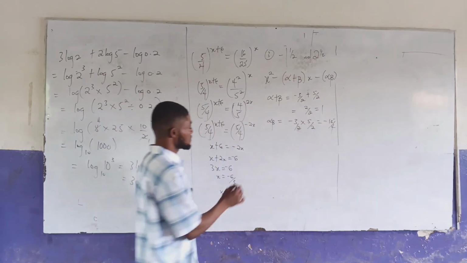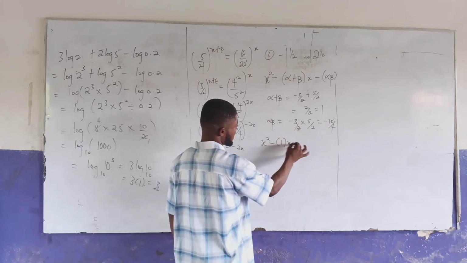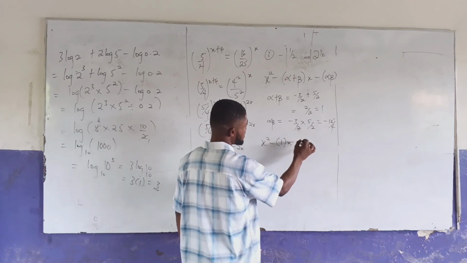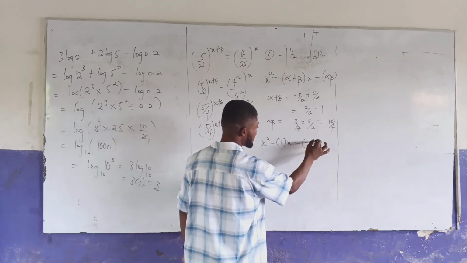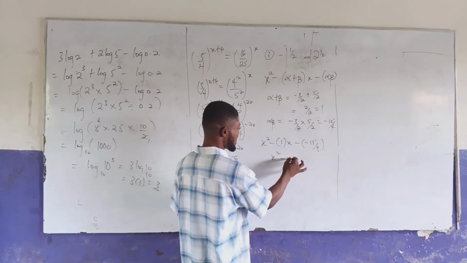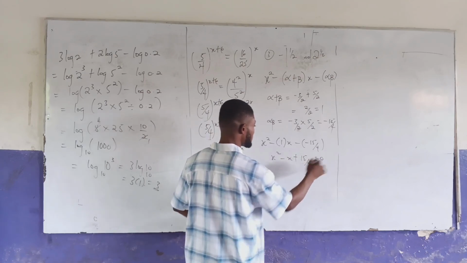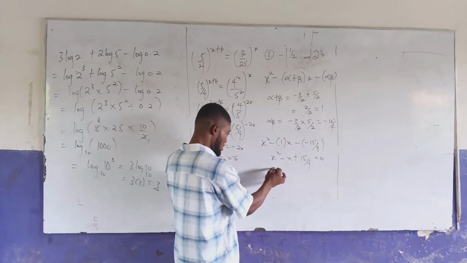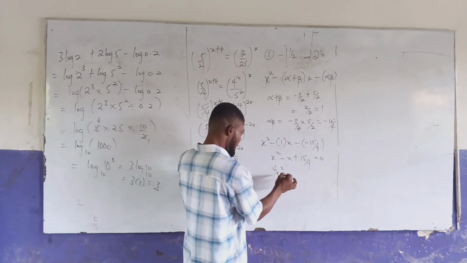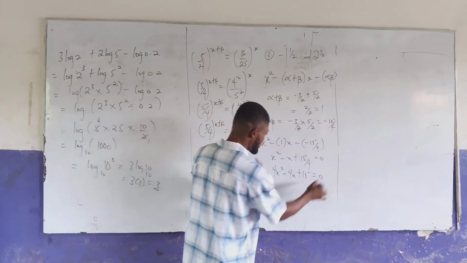Okay, so by substitution, x squared minus (sum of roots) x plus (product of roots) is equal to 0, giving x squared minus x minus 15 on 4 equals 0. Multiply through by 4: 4x squared minus 4x minus 15 is equal to 0.